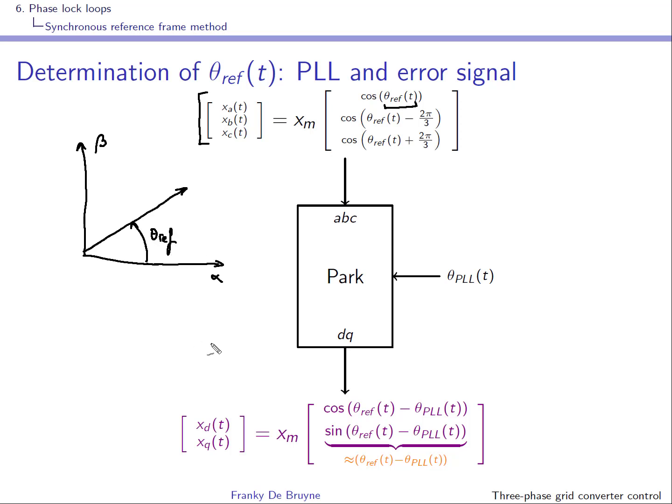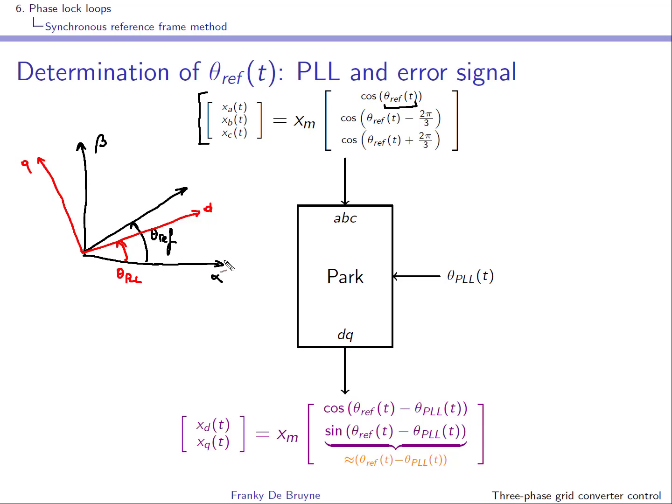Then I have my angle that is produced by the phase lock loop. This angle is the angle of rotation of my rotating reference frame, the Q over here, and this is my theta PLL.